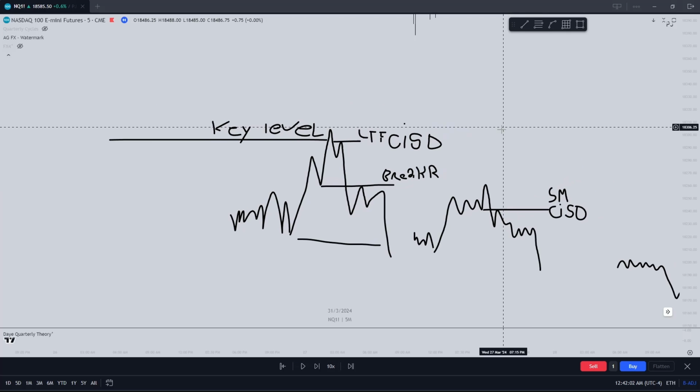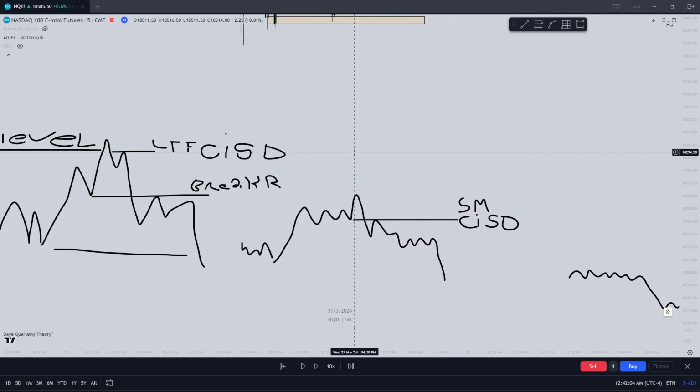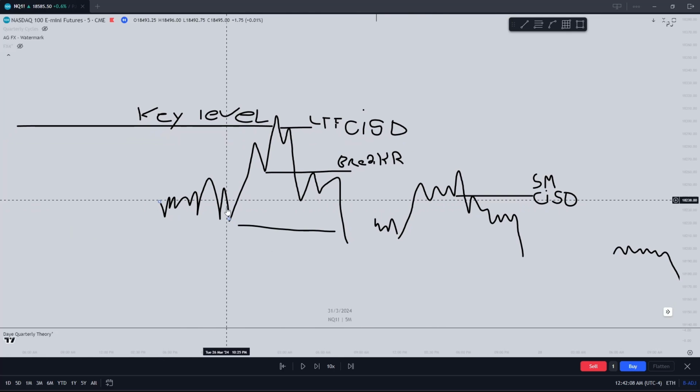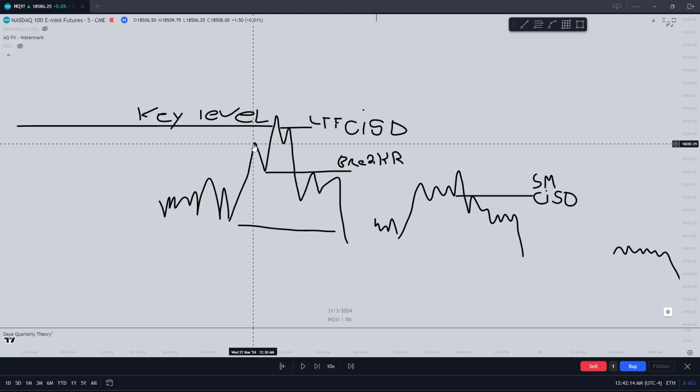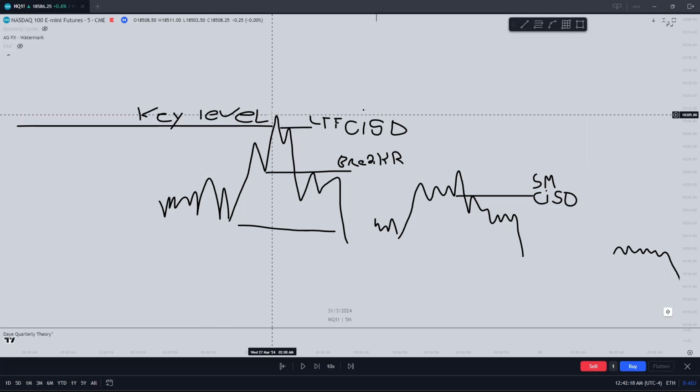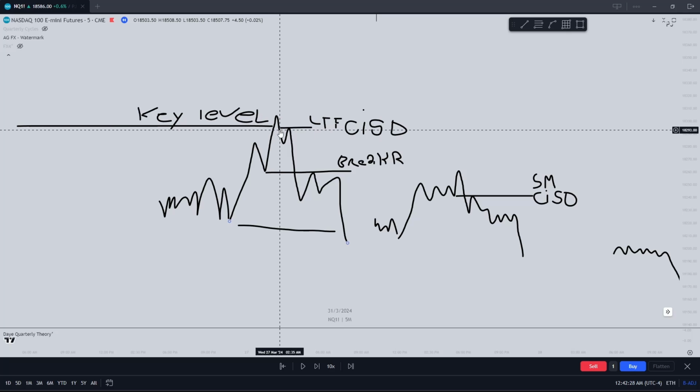Also, seeing it sometimes written out in marker form has helped me. So we have our original accumulation, sweep lows, internal, external, right? React off of the order block breaker into our key level. After we react from our key level, we then leave an order block with a low time frame CISD.